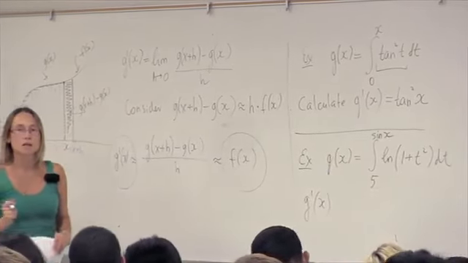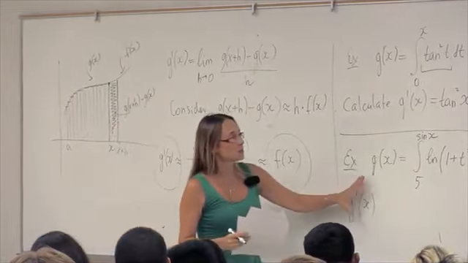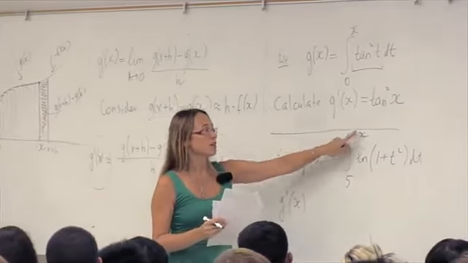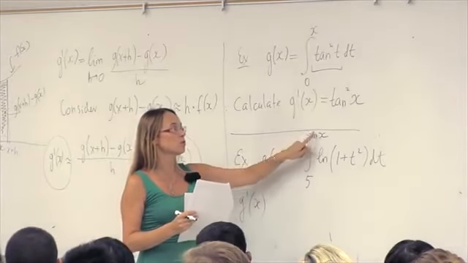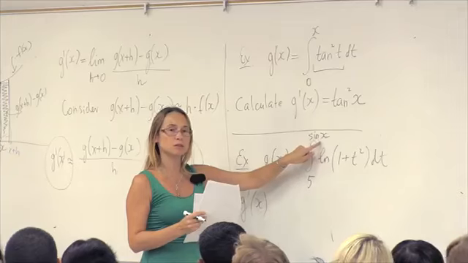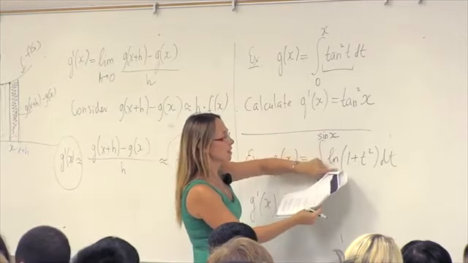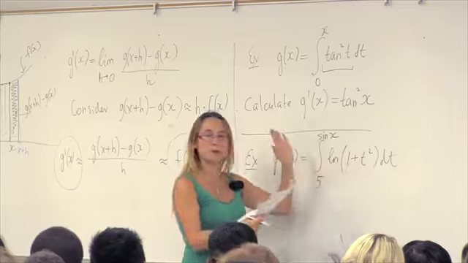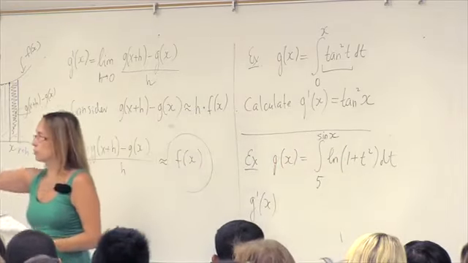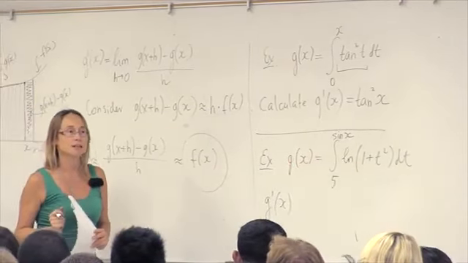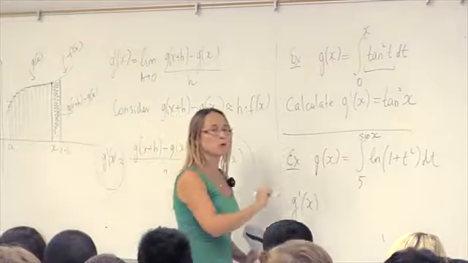Okay. So with this example, if the top limit was simply equal to x, what would we do? We would write down log of 1 plus x squared, and that would be the answer, because that's what the theorem tells us. Here it's a little bit more complicated, because instead of x, we have sine x here.